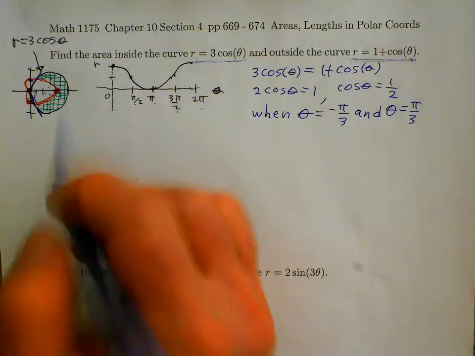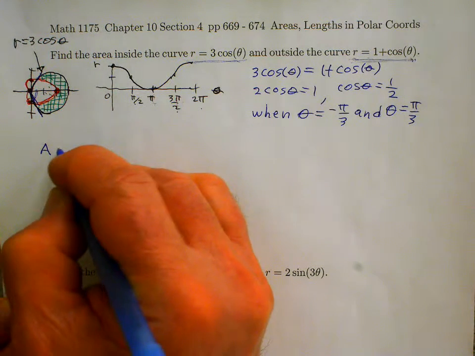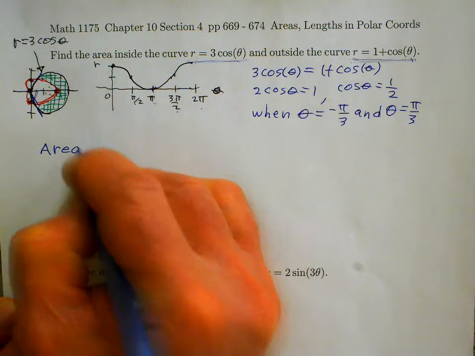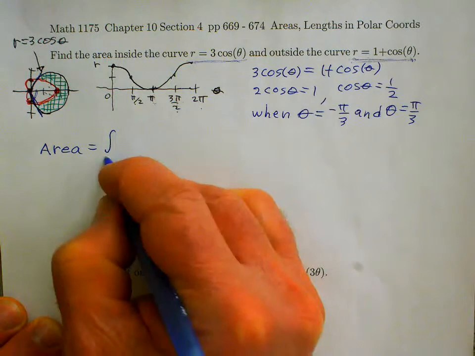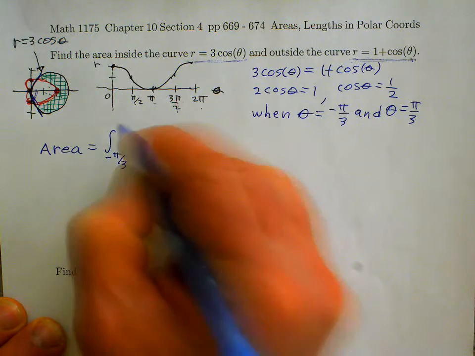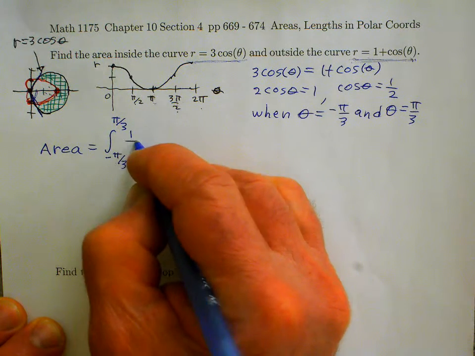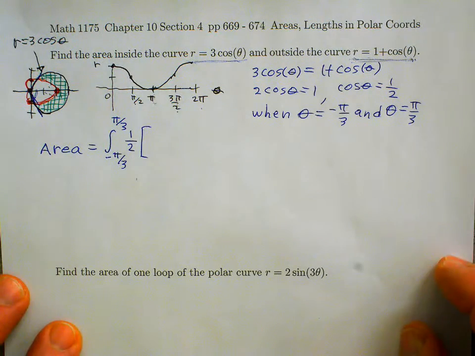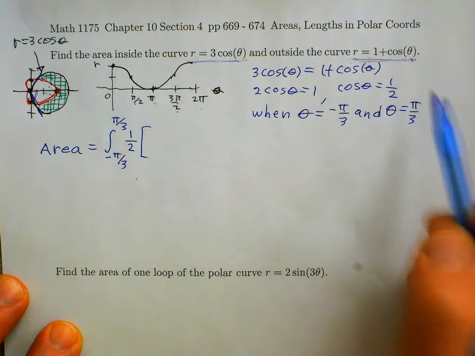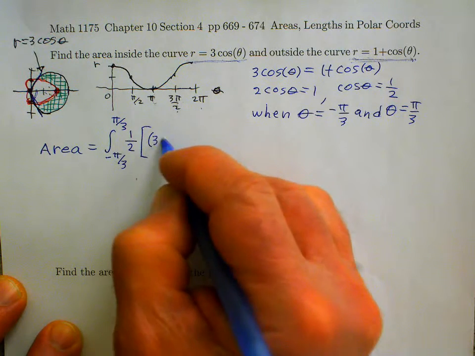So the area that's inside the circle but outside the cardioid is the definite integral from negative pi over 3 to pi over 3 of 1/2 times, okay, so we're going to square 3 times cosine of theta.